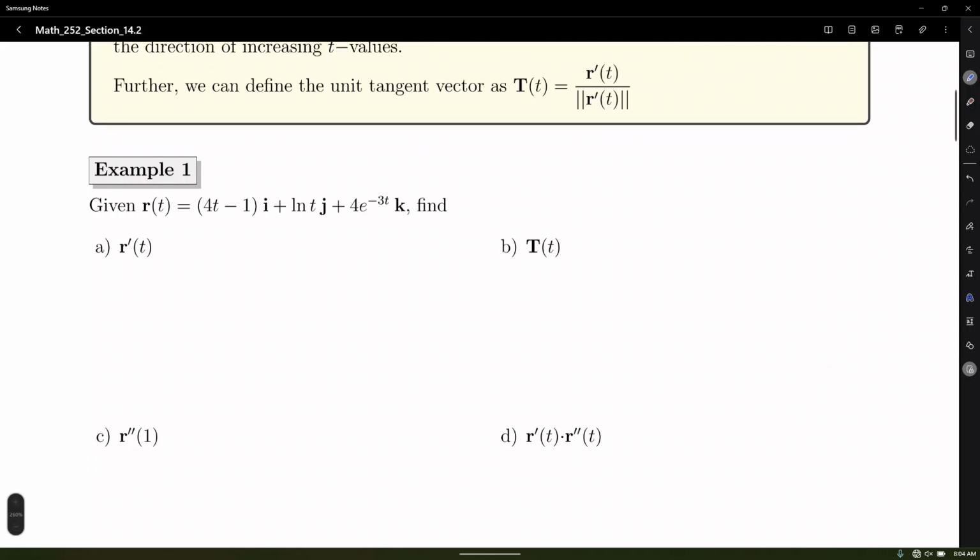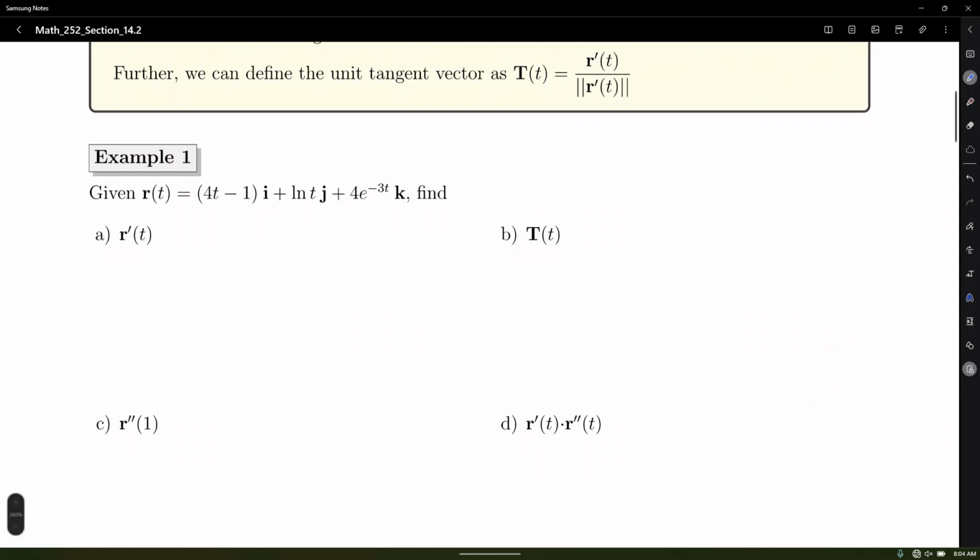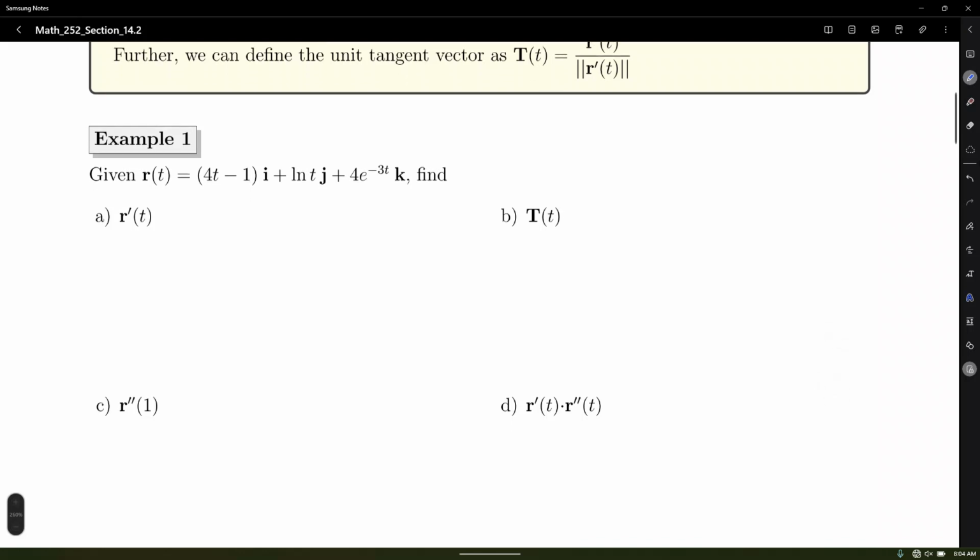So we're given r of t equals (4t minus 1)i plus ln of t j plus 4e to the negative 3t k. So they're asking us to find a few computations. Well, number one, they're asking us to find the derivative. So all we're going to do is find the derivative of each component. The derivative of 4t minus 1 with respect to t, well, that's simply 4.